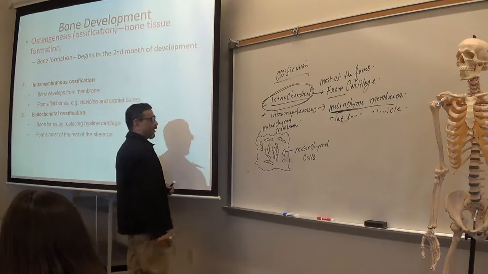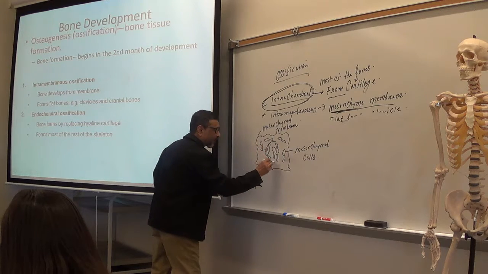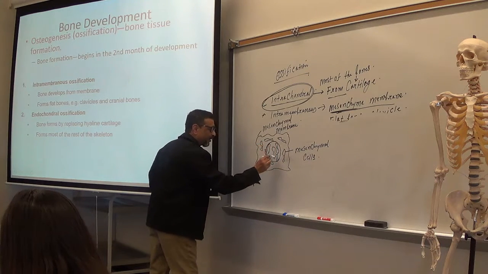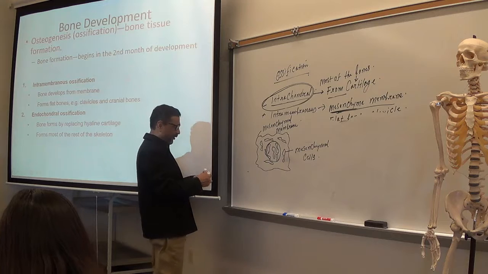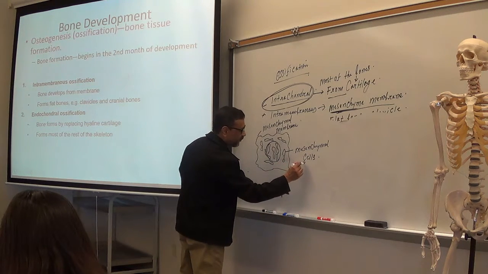Okay. So first what happens, some cells located in the center of the membrane, like these cells, become osteogenic cells.